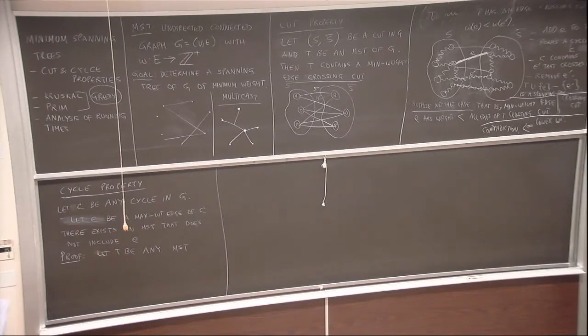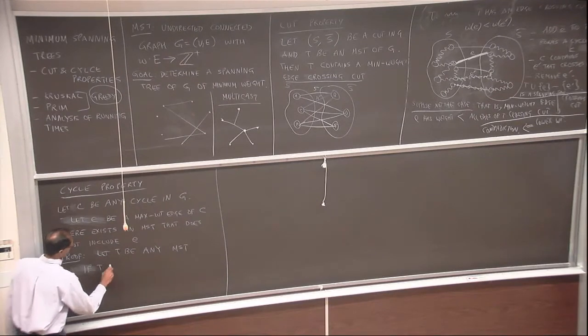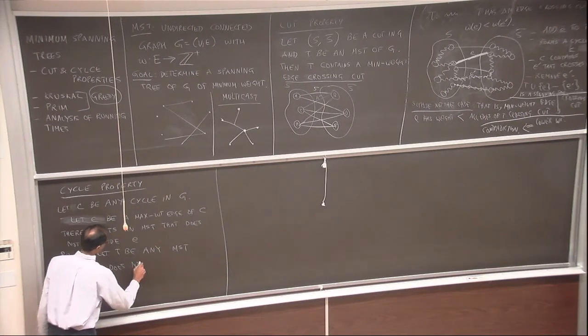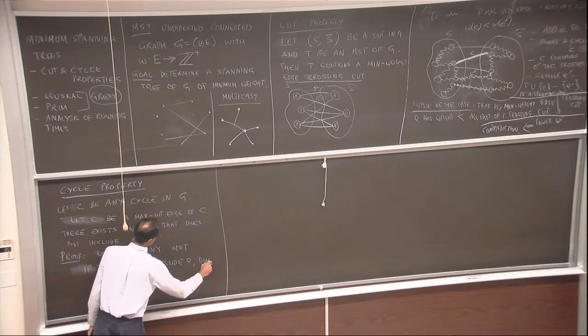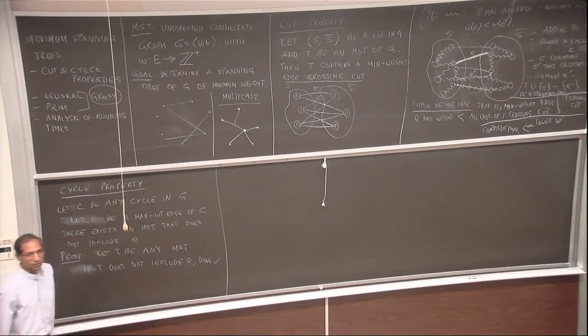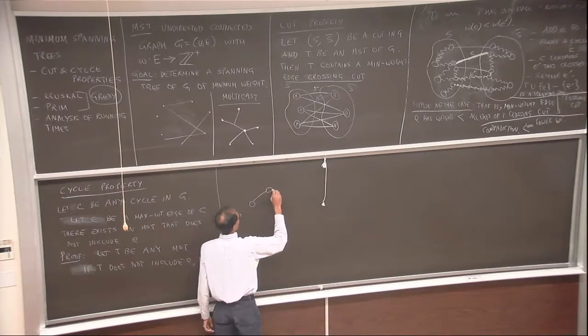Let T be any MST, and let C be the given cycle. If T does not include E, then we are done. We want to prove that there exists a minimum spanning tree that does not include E. Again, what is E? E is the maximum weight edge of some cycle.